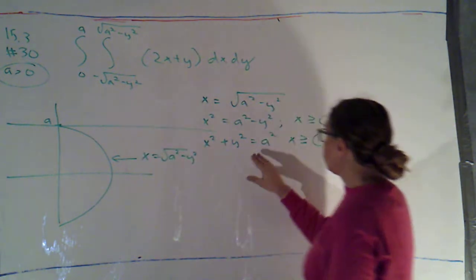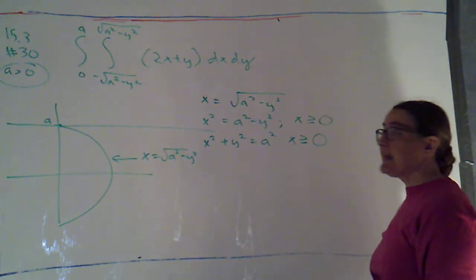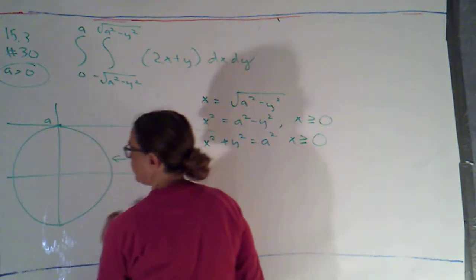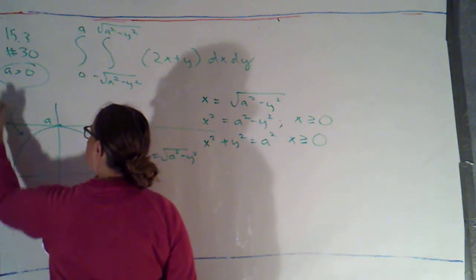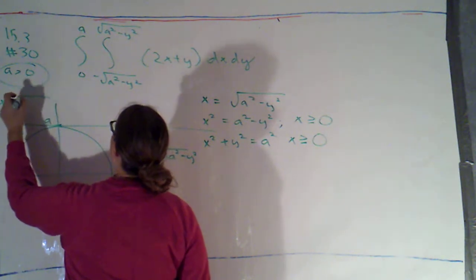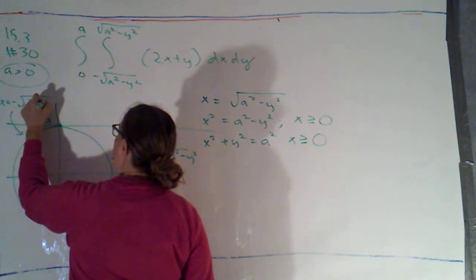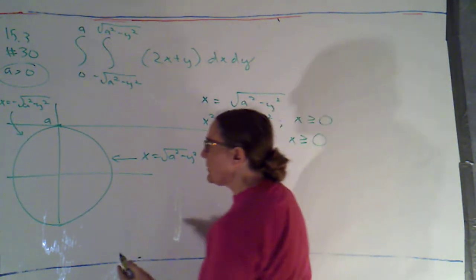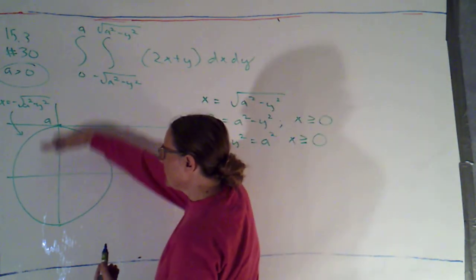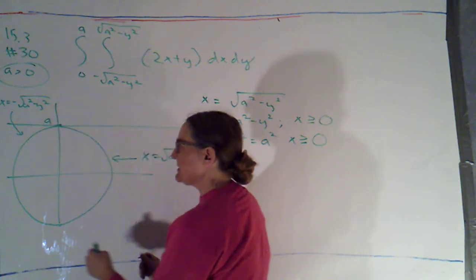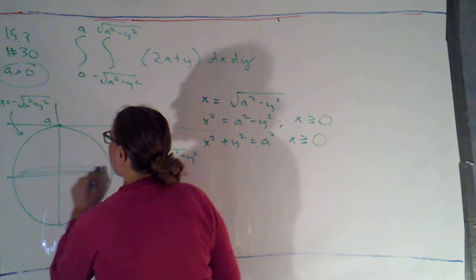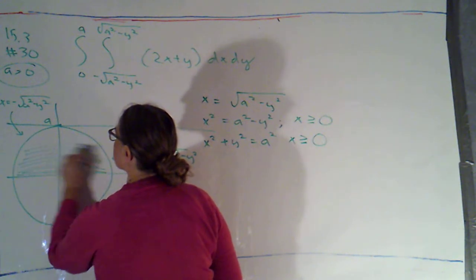That's going to give me the same equation except with x less than or equal to 0, so that's the left half of that circle. That's x equals negative the square root of a squared minus y squared. So the region I'm talking about, y has to be between 0 and a, and x has to be between the left half and the right half of this circle. We're talking about the top half of this disk.